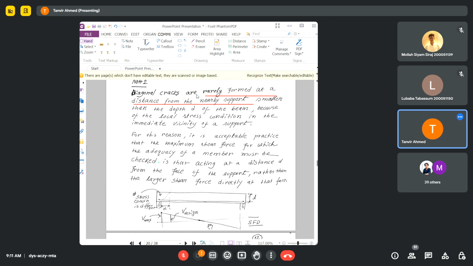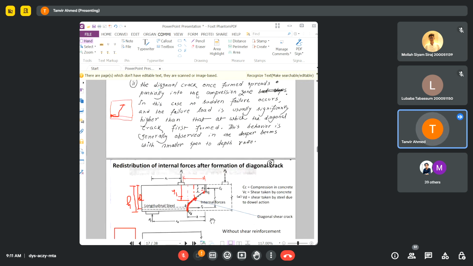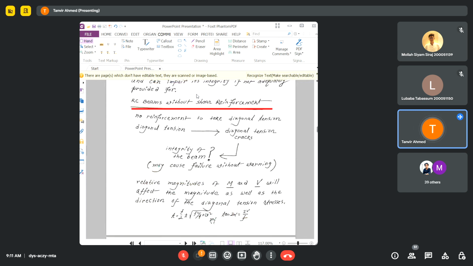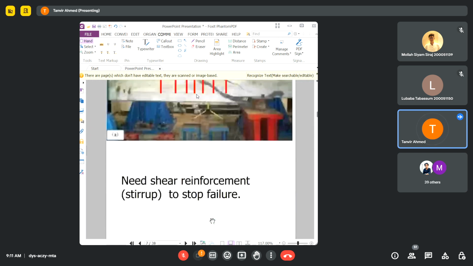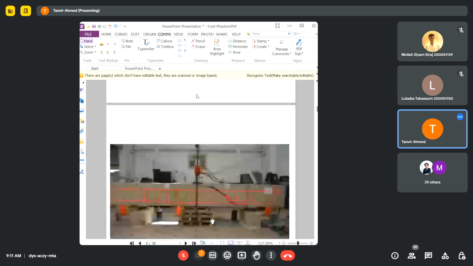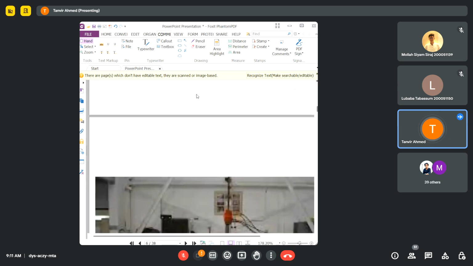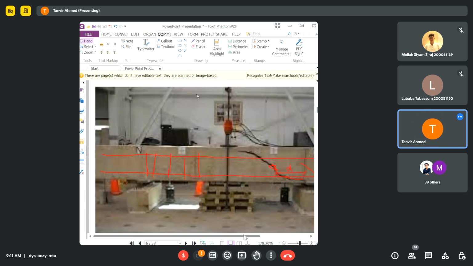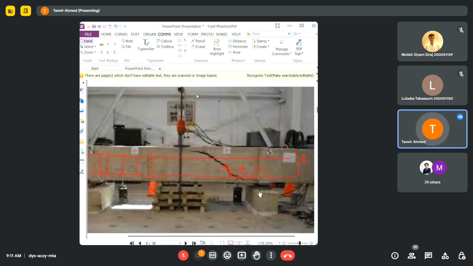Okay, this distance d, we also see in this figure. Let me show you here. You can see that for this figure, the support is here, right? And if the longitudinal reinforcement is, say for example here, roughly this will be your effective depth d.